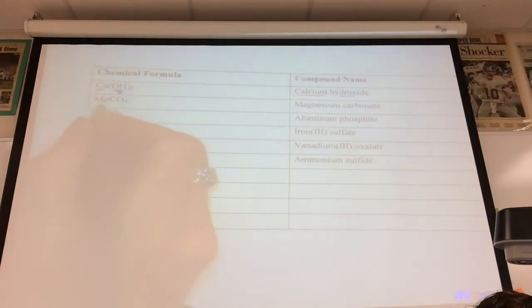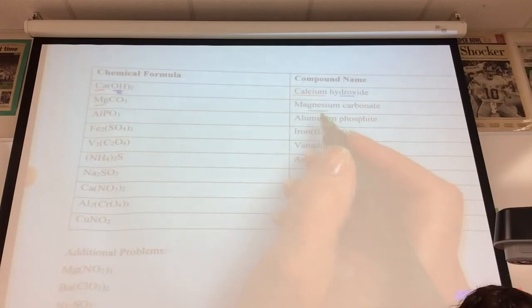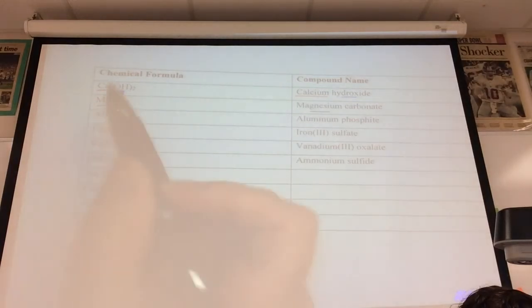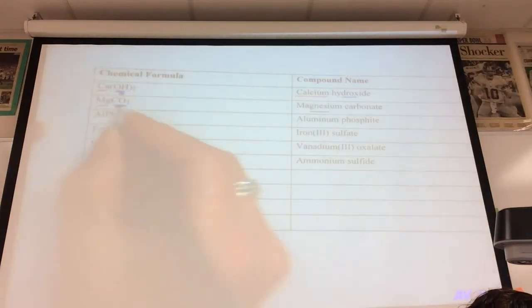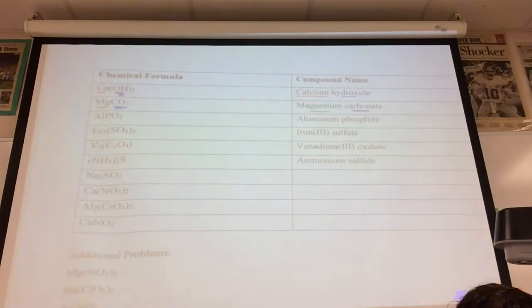Mg, magnesium, don't confuse it with manganese. And then we've got CO3. CO3 2 minus is a carbonate ion. Here's the carbonate piece.